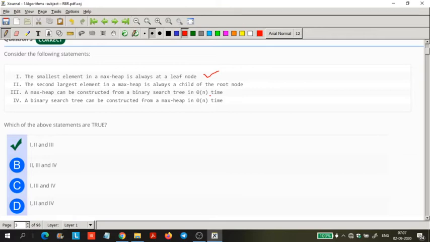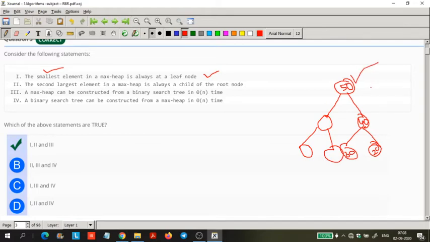In a max heap, the root key is the largest element, so the smallest element will be at a leaf.